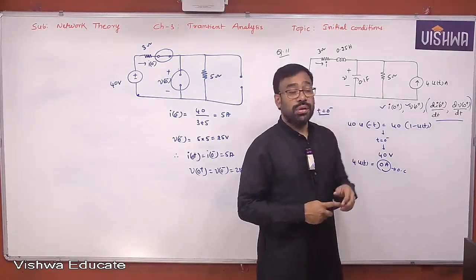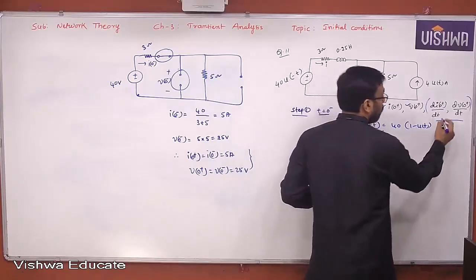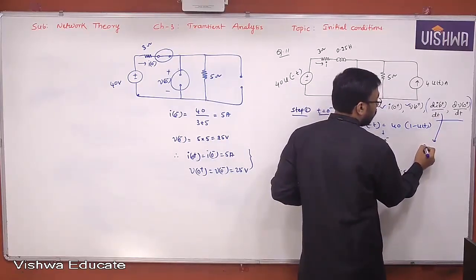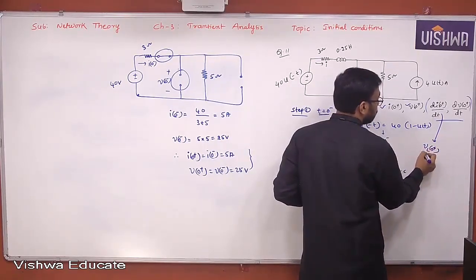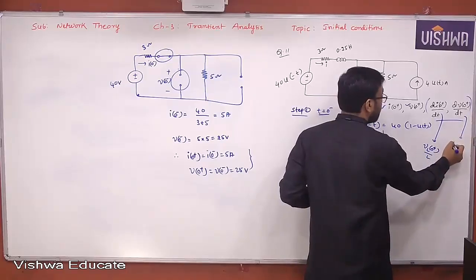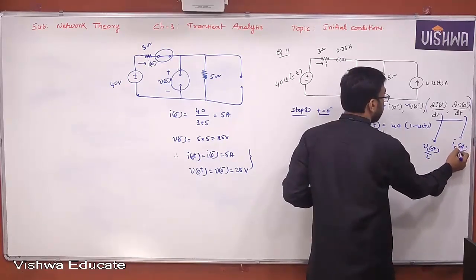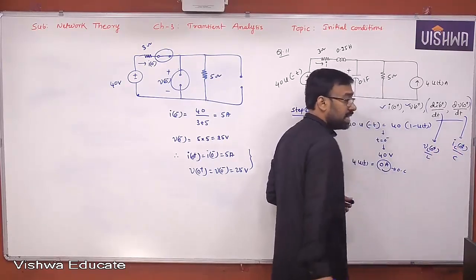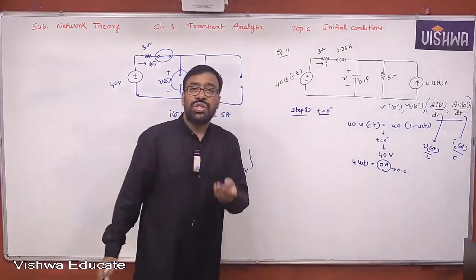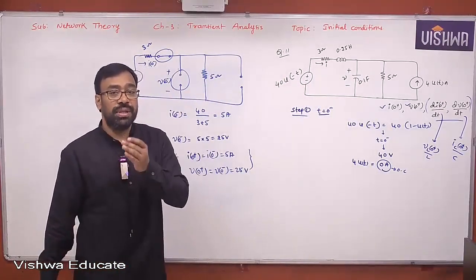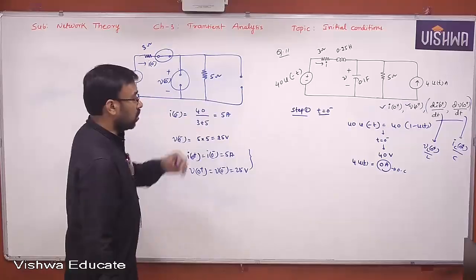I told you a simple formula. What are the formulas we have? Tell me. That is VL of 0 plus by L, and this is IC of 0 plus by C. So VL of 0 plus and IC of 0 plus can be determined from step 2 itself. So without going for step 3, from step 2 itself we can find those two quantities.